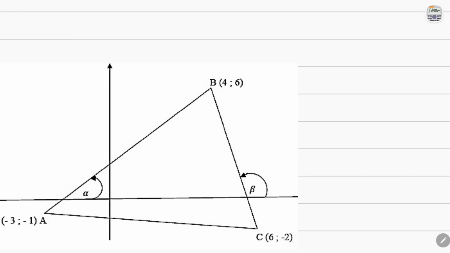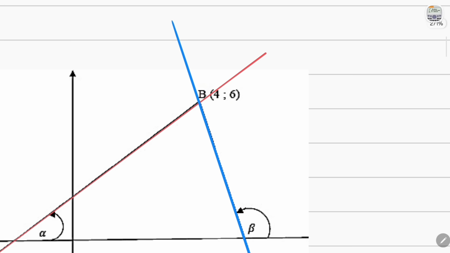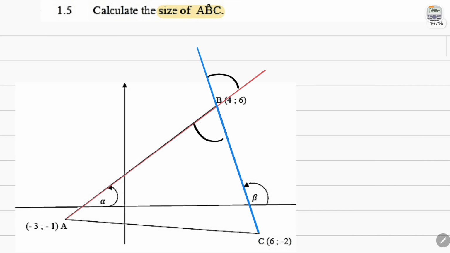Well, we can actually find it because it is created by these two lines, AB and BC. Now, we know the angle of inclination of line AB, and then BC. If you had to extend these lines, do you see how they intersect and then they create this angle, which is vertically opposite this angle ABC, which we're looking for? So all we have to do is find this angle over here.